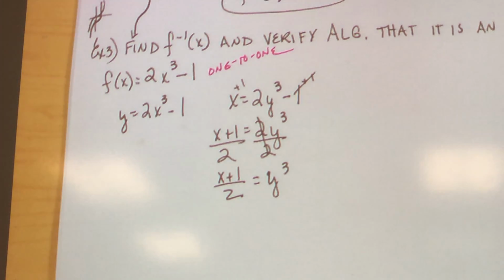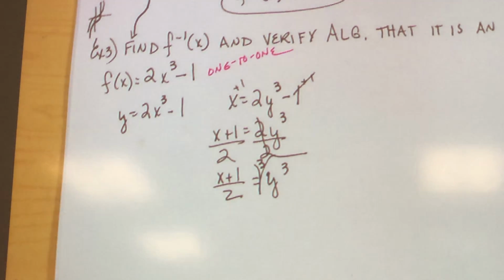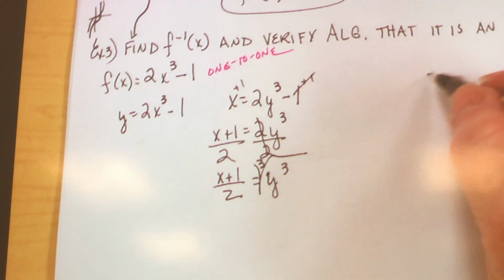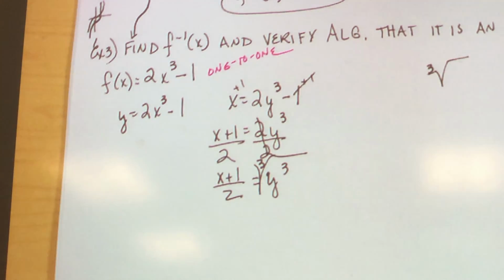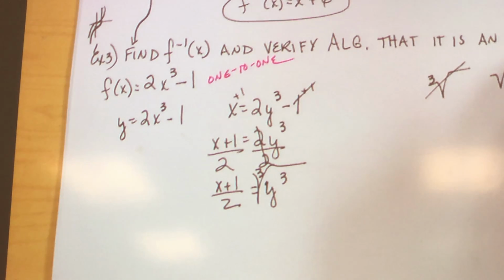You with me? Ask me questions if you have a question. Now what do we do? Cube root. Here's something right here. If you write that cube root like this, I'm going to count points off. If you write it like this, I'm going to count points off. Where does it go?